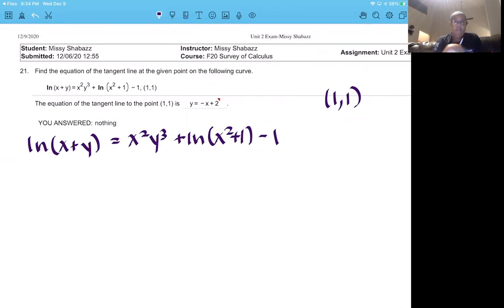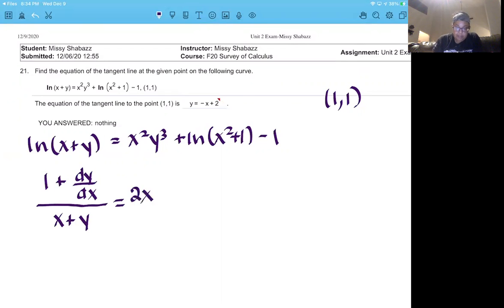So I'm going to take the derivative of the inside, which is 1 plus dy/dx, over x plus y. Now I'm going to take the derivative of x squared times y cubed. So the derivative of the first, 2x, times the second, plus x squared times the derivative of the second, 3y squared dy/dx.